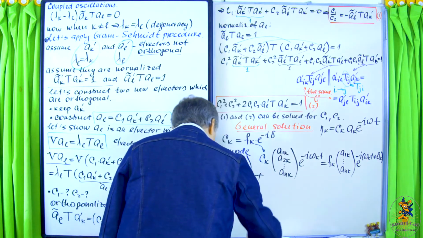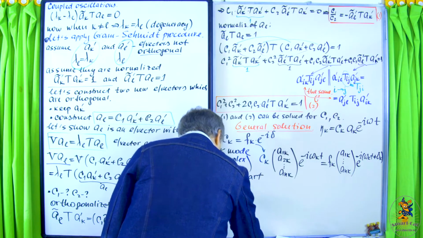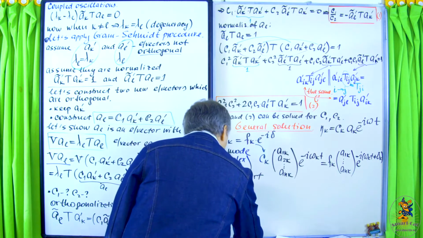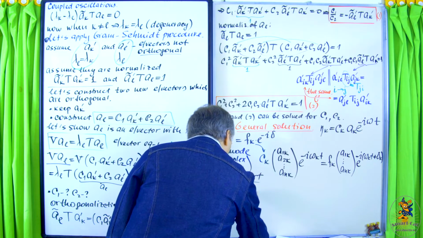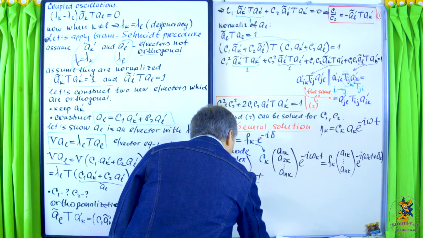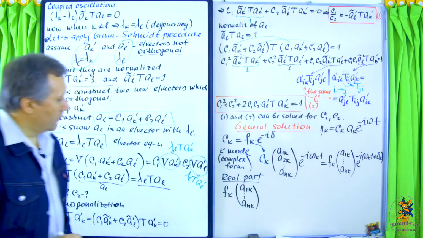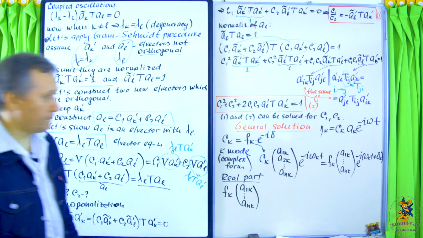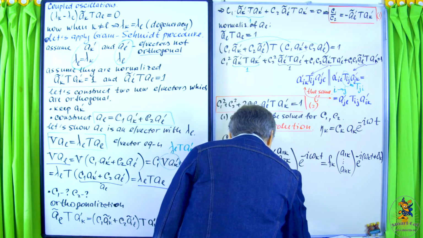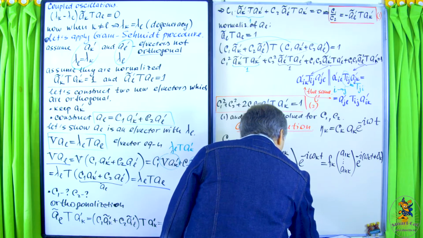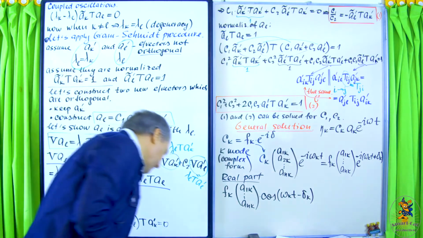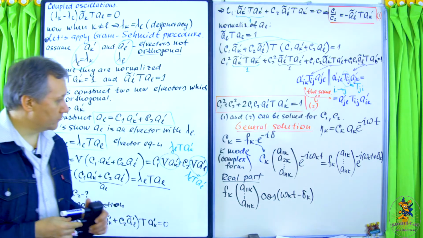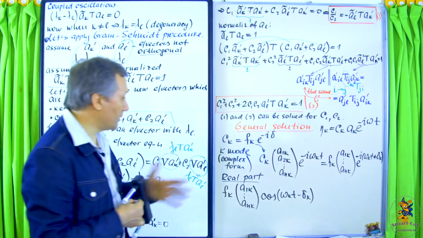So the real part, of course, still K mode, will be F_k, column of amplitudes N_k, and cosine of omega_k t minus delta_k, right? Again, it's still the kth mode.